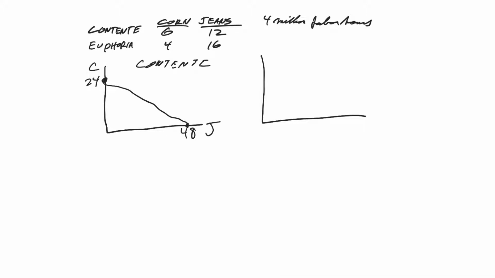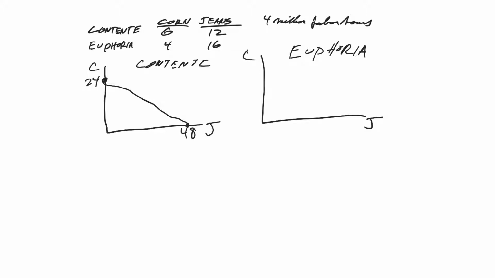Do the same thing for Euphoria. Corn on this axis, jeans on this axis. It doesn't matter which one you choose. So Euphoria can produce 4 corn in 1 hour.